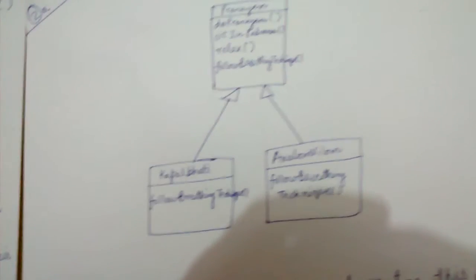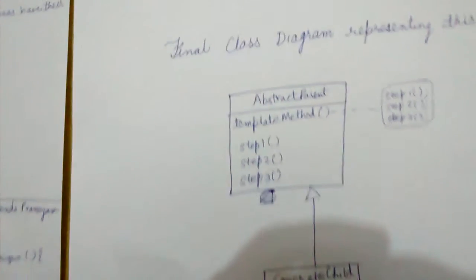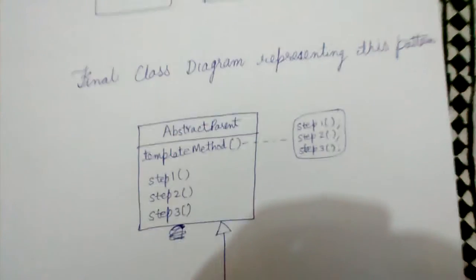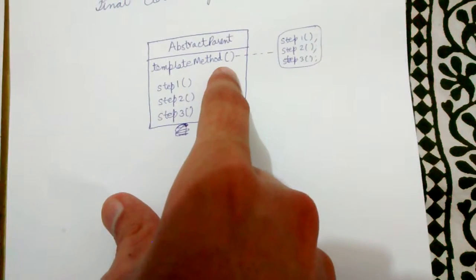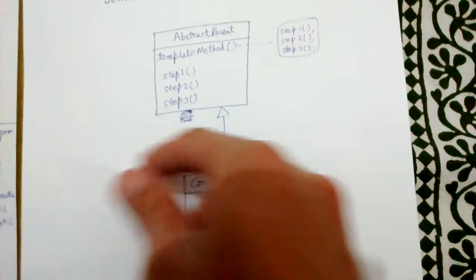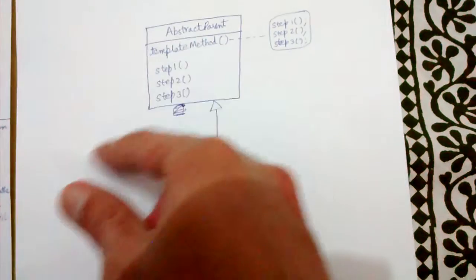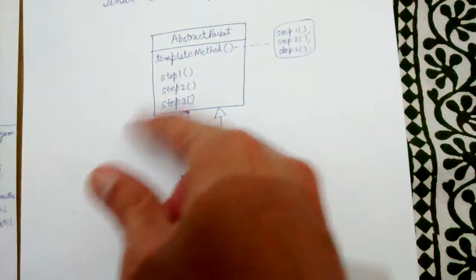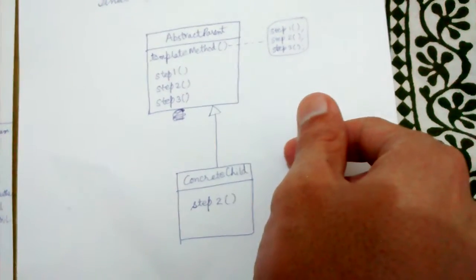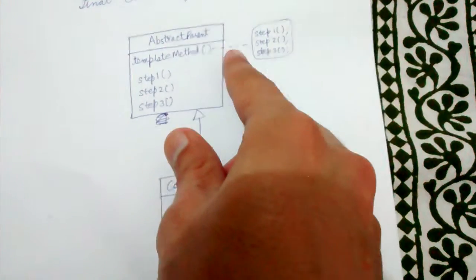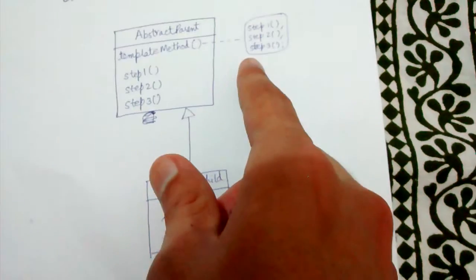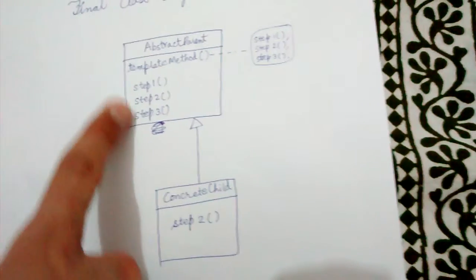So this was how the class diagram looked like. Let's look at the final class diagram representing this template method pattern. So here is the template method, that is the method for which we are providing a common template, a blueprint which will be used by all of its subclasses, and this template will be having some steps like step 1, step 2, step 3.